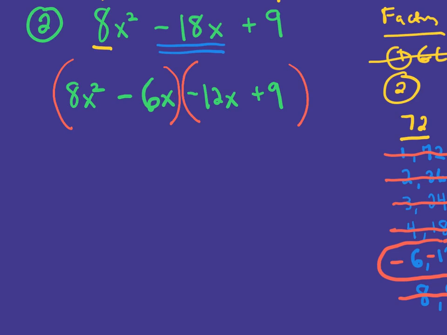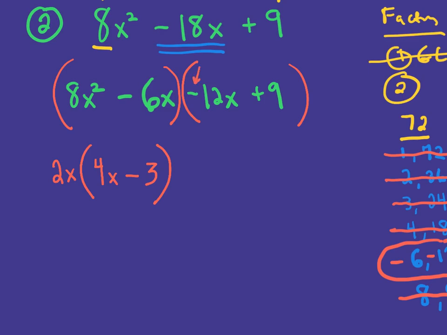So in the first pair, we can take out a 2 out of both. We can also take an x. Then we're left with 4, 8 divided by 2, and we took out one of the x's. Minus 6 divided by 2 is 3, and we took out the only x that was there.